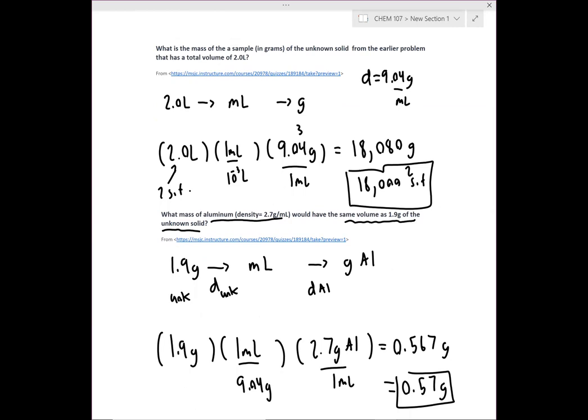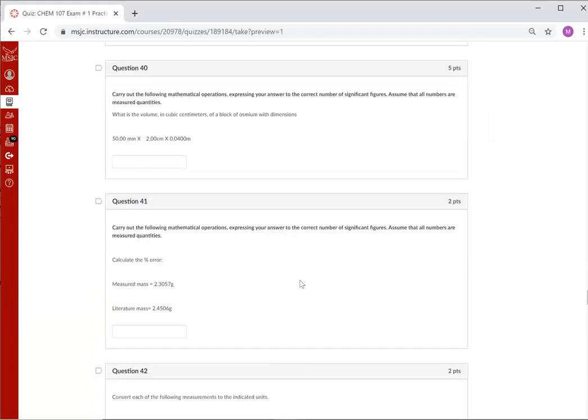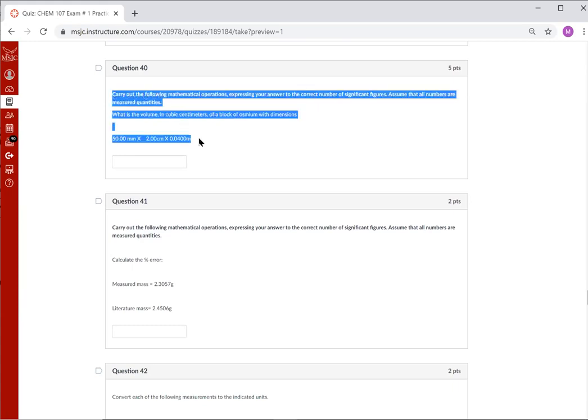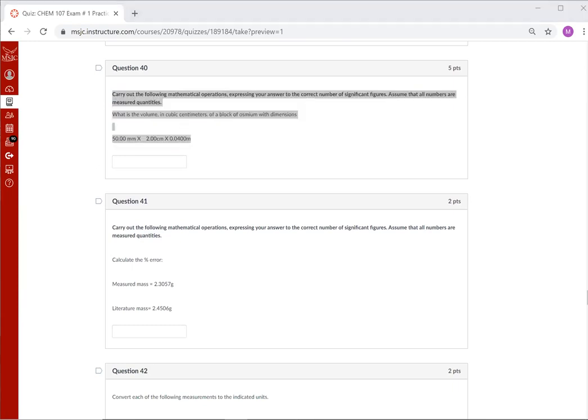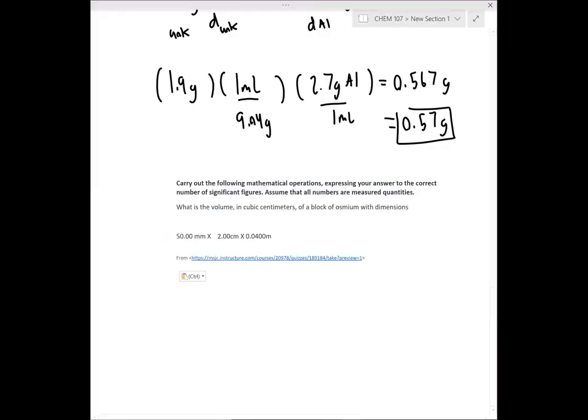So let's keep going now, and let's look at the main screen. And let's look now at question 40, which I'll copy over, as it's another question that we'll have to address more quantitatively. In this case, we're asked to calculate the volume in cubic centimeters of a block with the following dimensions.